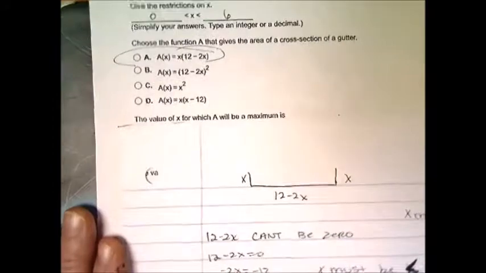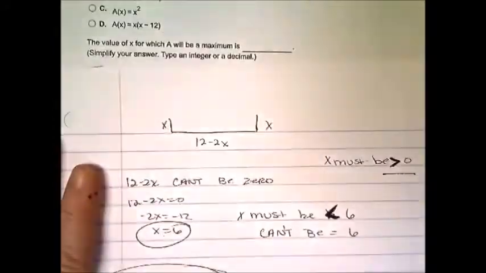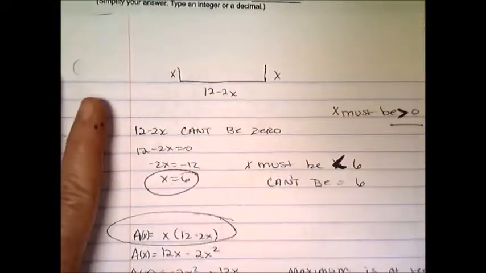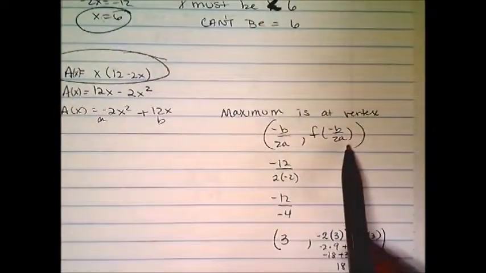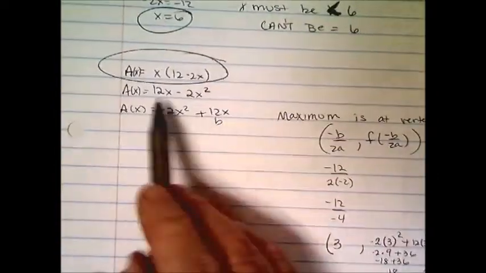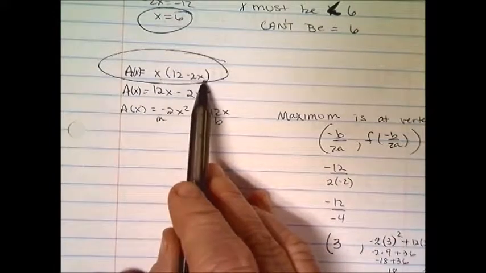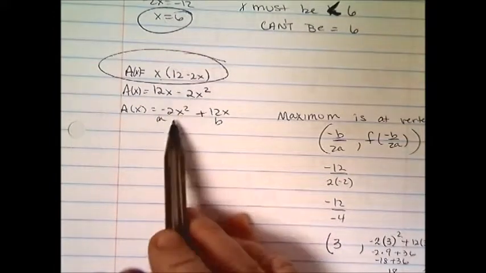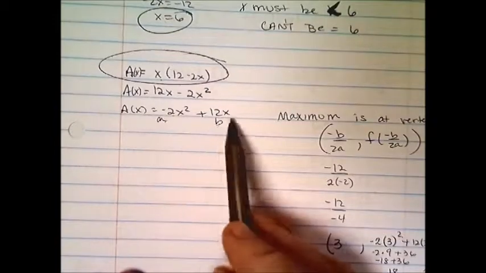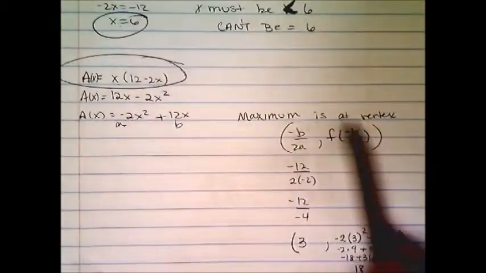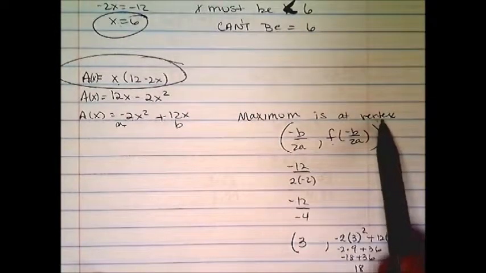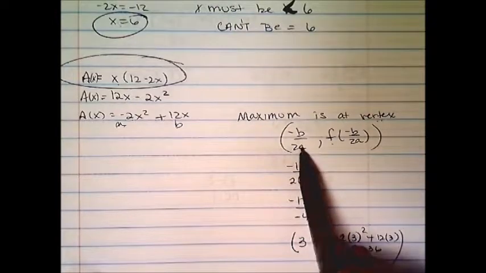The next question says the value for which A will be a maximum. Well, the maximum occurs at the vertex. Here's my formula. It's x times 12 minus 2x. I distribute. I rearrange it. A is negative 2. B is 12. I'm going to find the maximum, which is the vertex. Negative b over 2a.